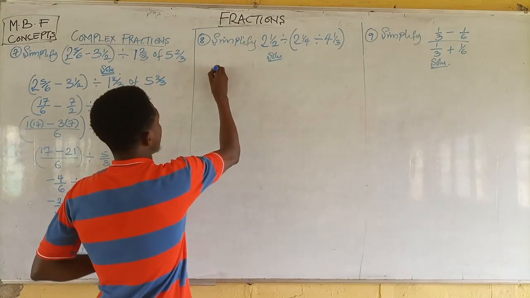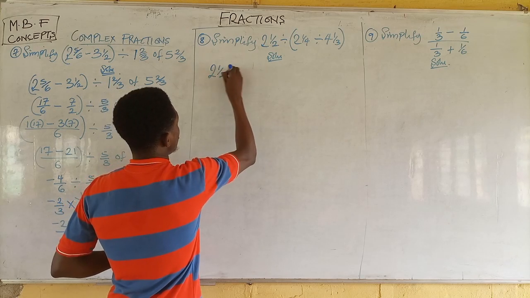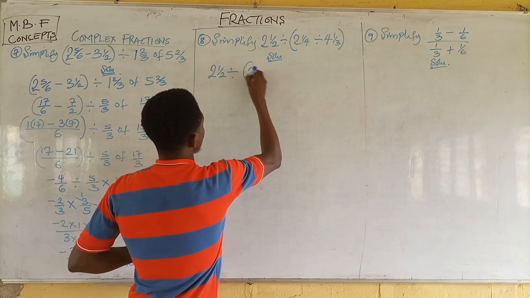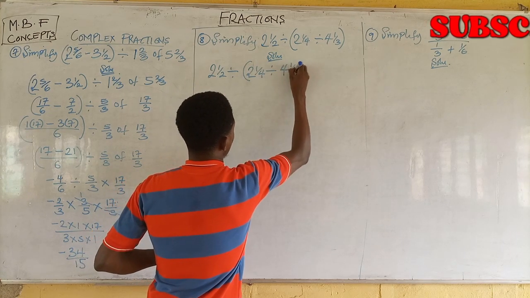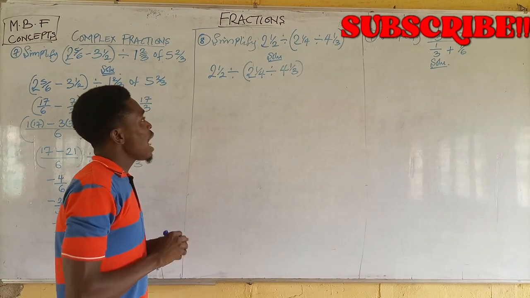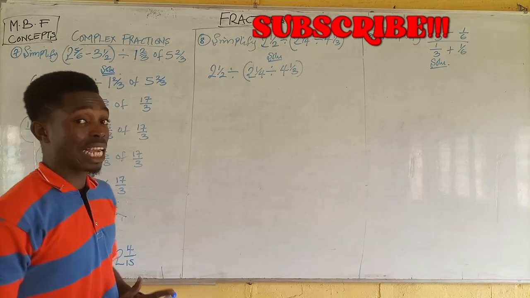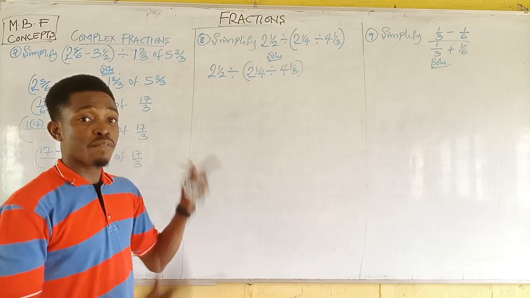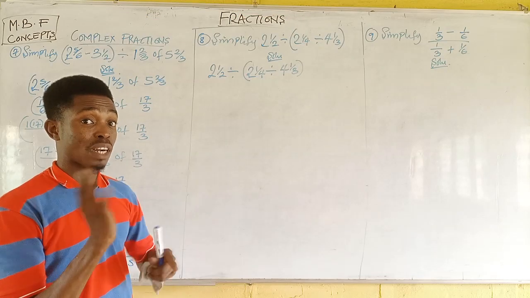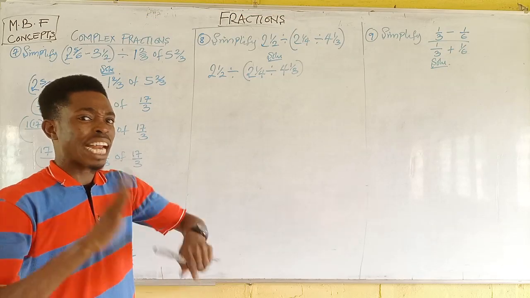Now we are asked to simplify 2 whole number 1 over 2 divided by open bracket 2 whole number 1 over 4 divided by 4 whole number 1 over 3. And guys, what do we do here? The first thing we do, like I said, is to remove the whole numbers by converting this type of fraction, which is a mixed fraction, to an improper fraction.